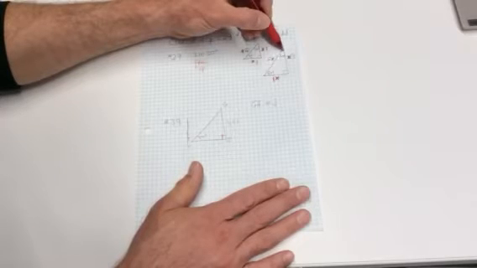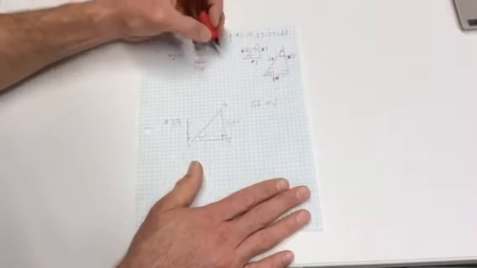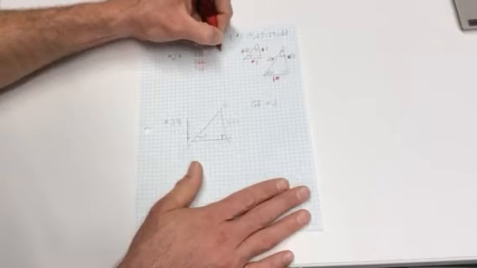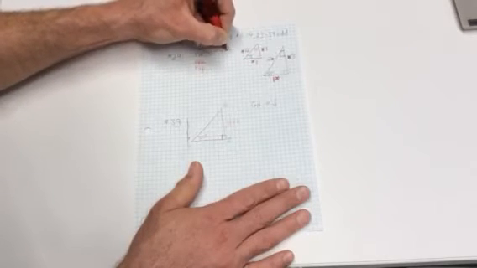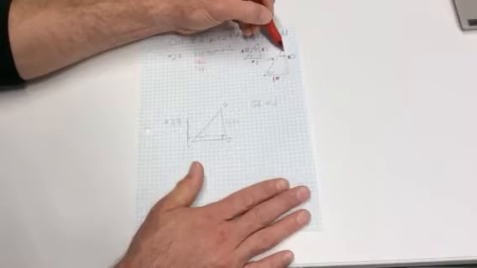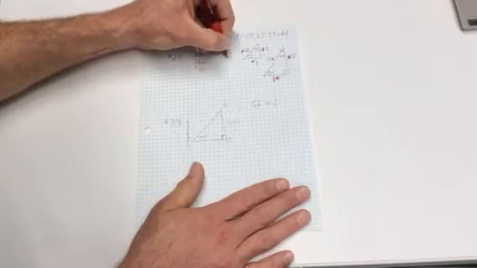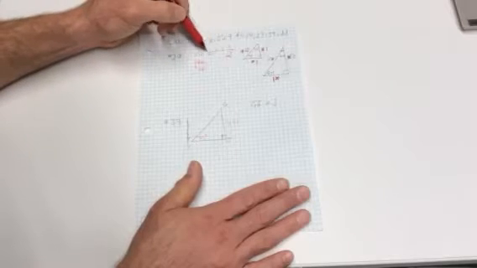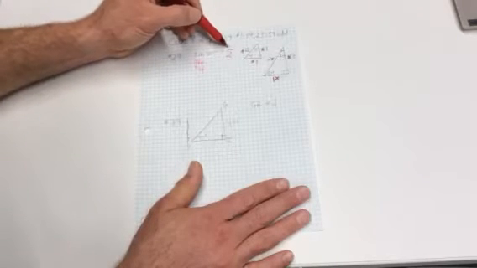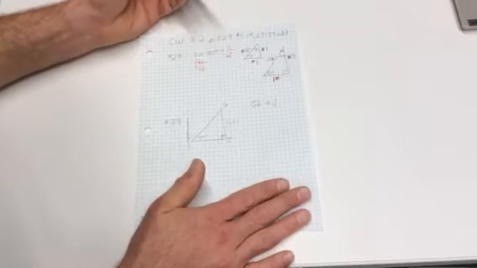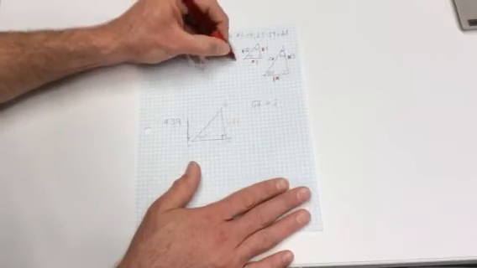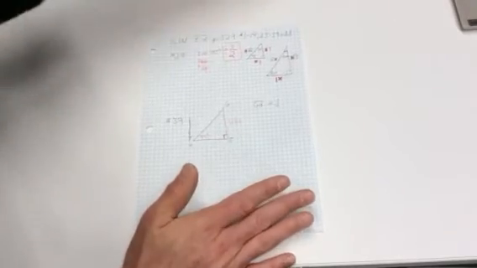So what side is opposite of this 30-degree angle? The 1. So this is equal to 1 over, what is the hypotenuse? 2. So 1 over 2. So the sine of 30 degrees is 1 over 2, or 1/2. And that is what they're looking for in this particular problem.